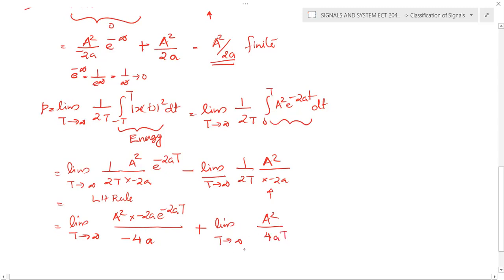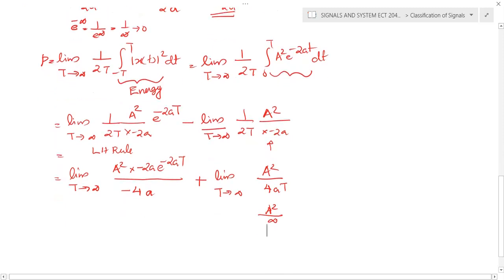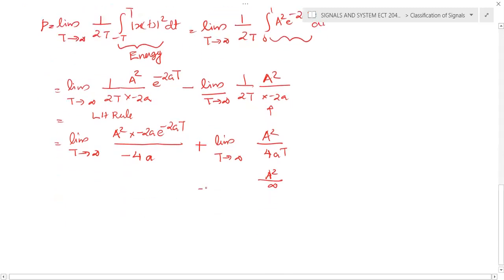Now we can apply the limits. When you apply the limit T tending to infinity, this quantity becomes a square by infinity, so that becomes 0. And here again, e raised to minus infinity.